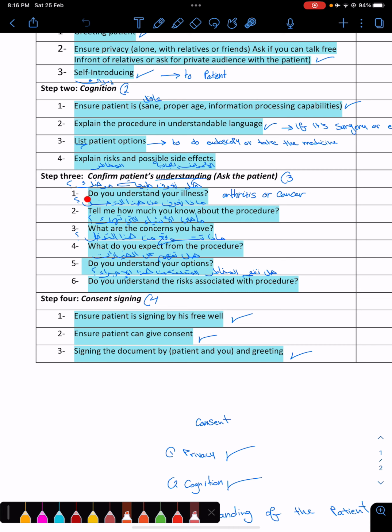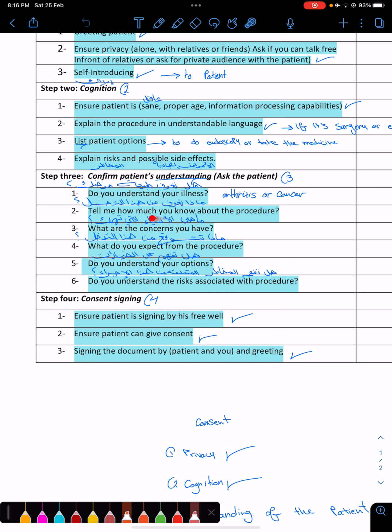Do you understand your illness? Really, what do you know about arthritis? What do you know about this type of cancer? Has any of your relatives been affected? Tell me how much you know about this procedure, this endoscopy, chemotherapy, this particular drug.